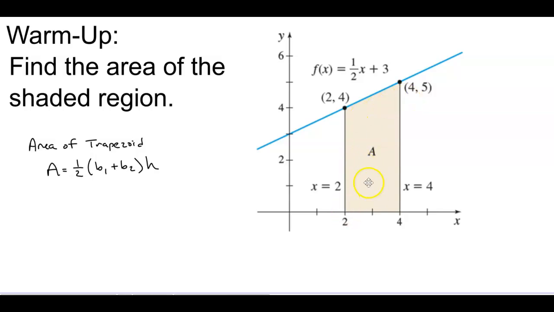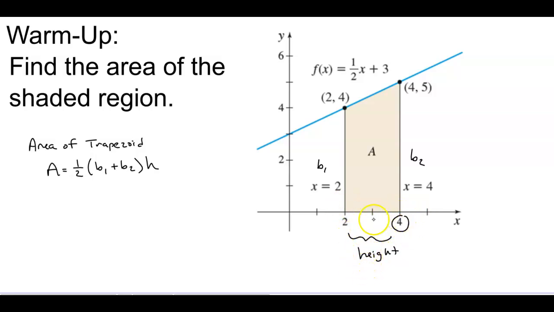Well, it's a trapezoid. Remember your formula for area of a trapezoid, 1/2 base 1 plus base 2 times the height. Here your base 1 and base 2 are the vertical lines, and then the height is going to be what we're going to call the width between those two vertical pieces.